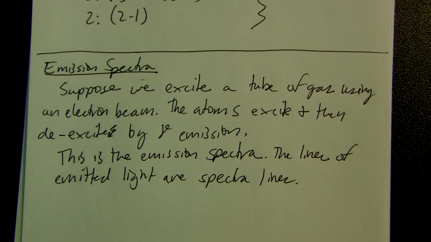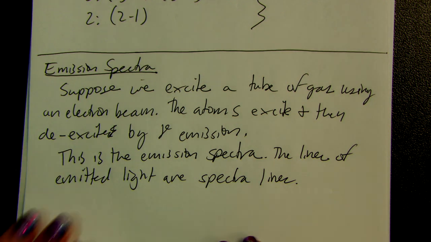And so if we know the emission spectra of a particular type of material, we can use that to determine the composition of unknown objects. That's how we've learned about what the composition of stars is. We have looked at their emission spectra. All right, so moving on.